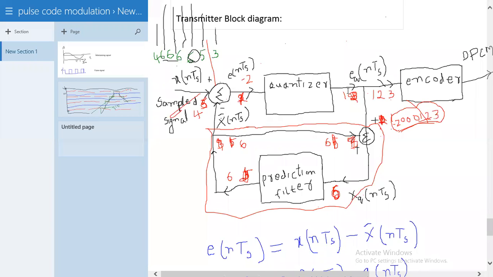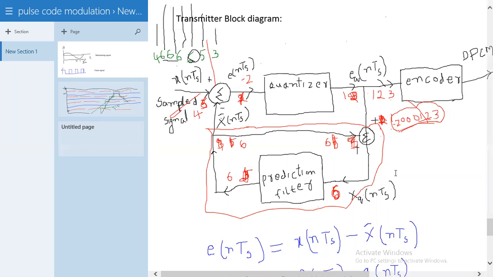At the output of the quantizer, the values are 3, 2, 1, 0, 0, 0, minus 2. These are the output of the quantizer. Then these are input to the encoder. The encoder produces binary digits, and that signal is transmitted through the channel by the transmitting antenna.